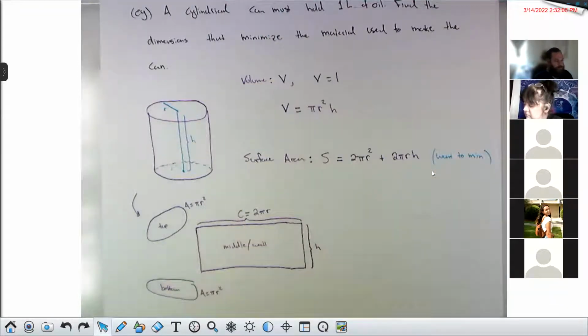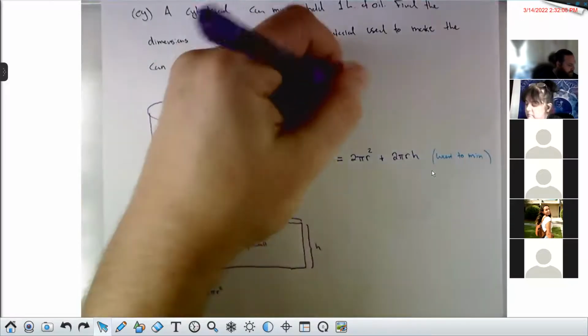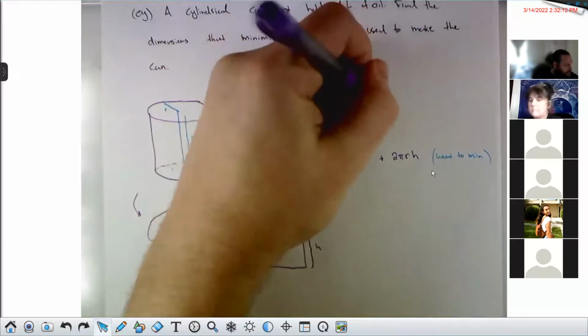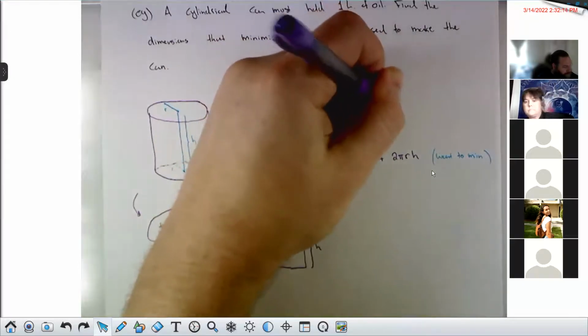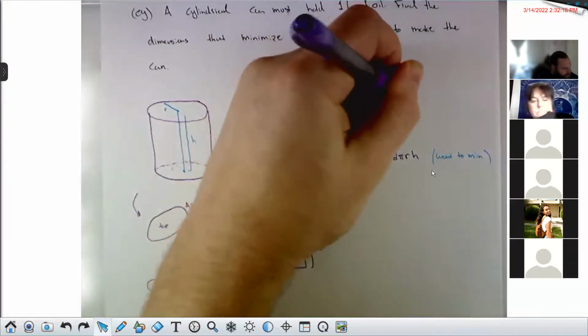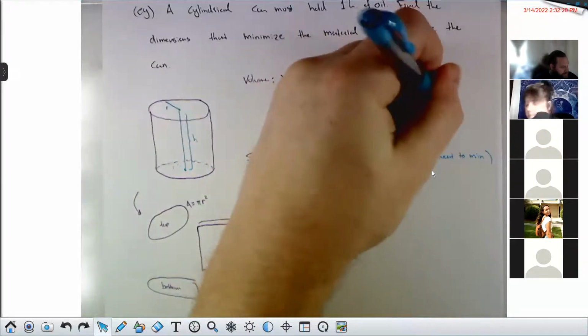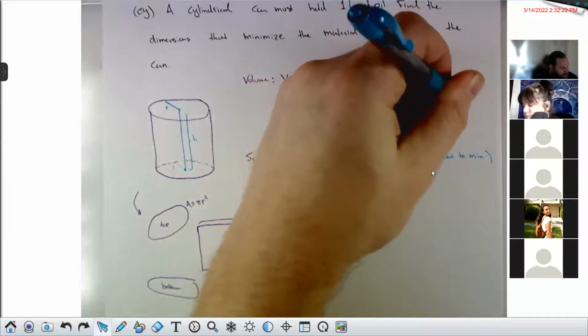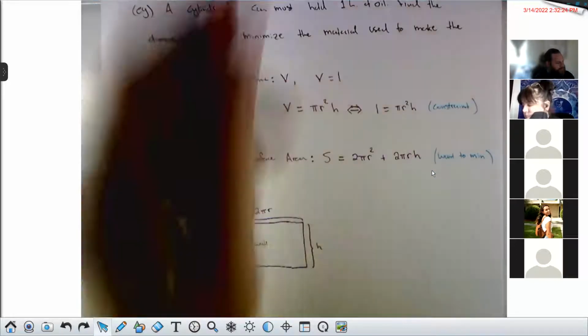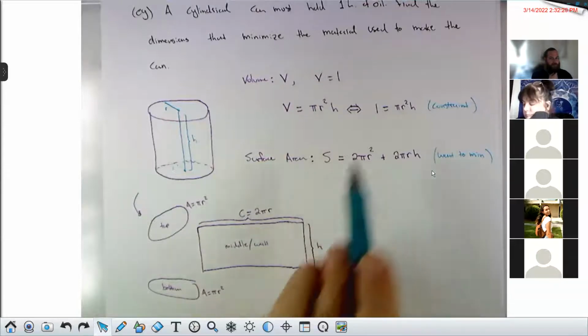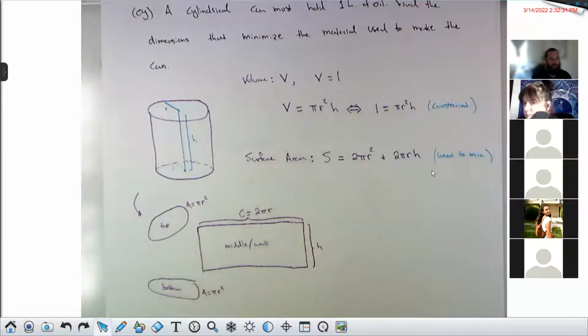Since we know the volume is 1, and on the other hand, we know the volume is pi r squared h, then we know that 1 is equal to pi r squared h. This is my constraint. So I want to minimize this function S subject to this constraint.